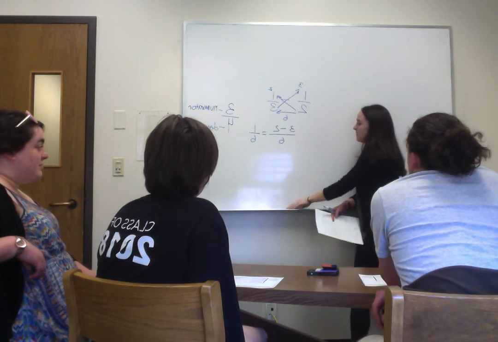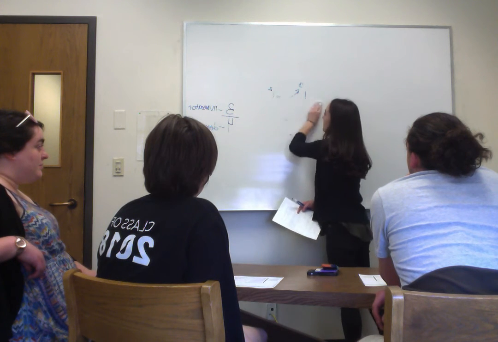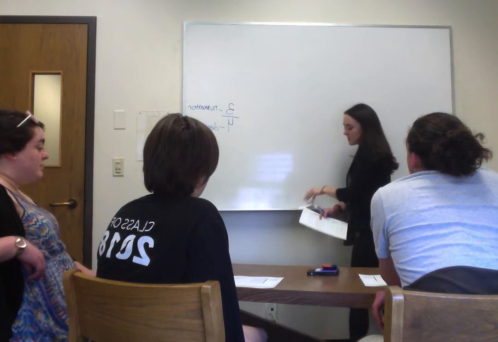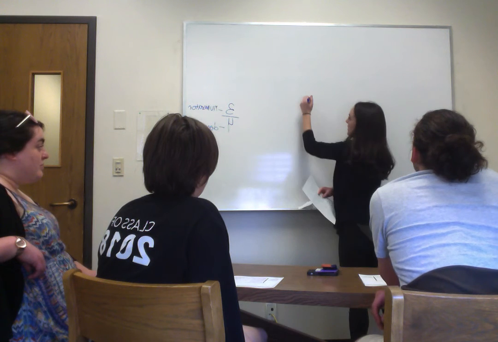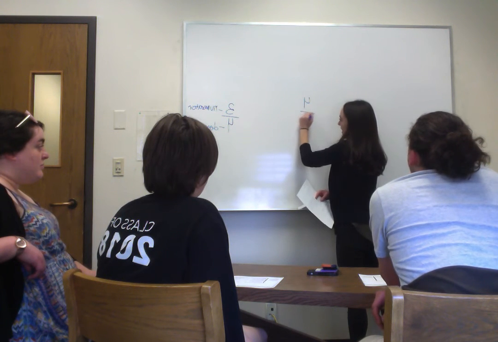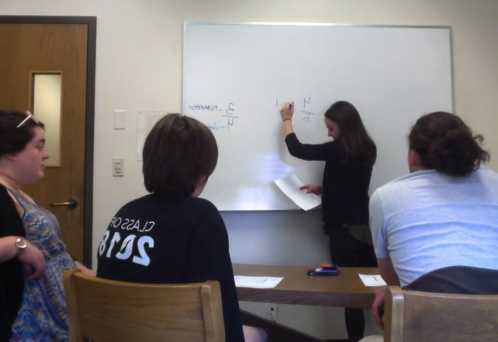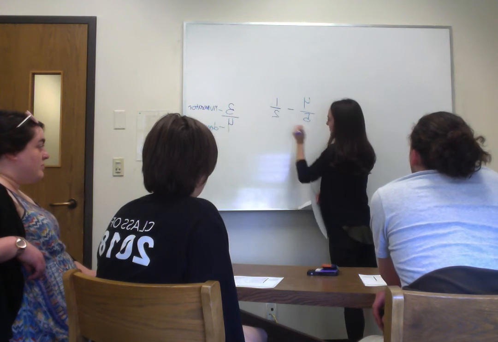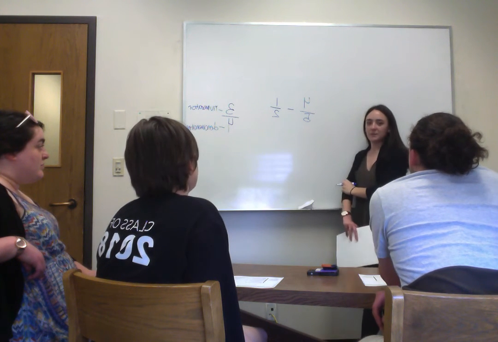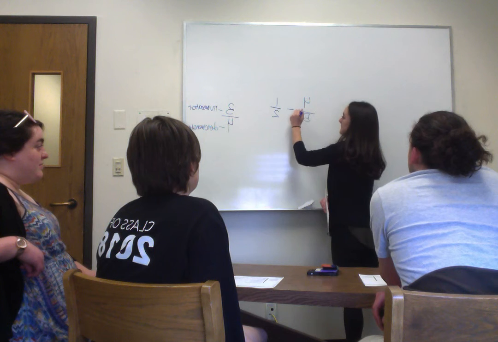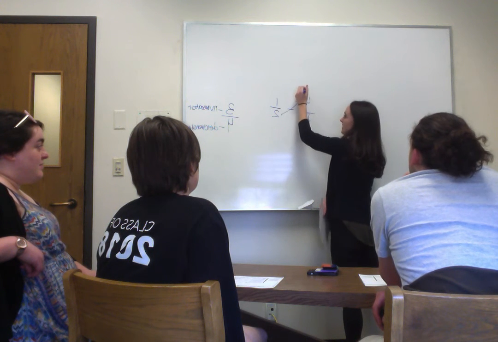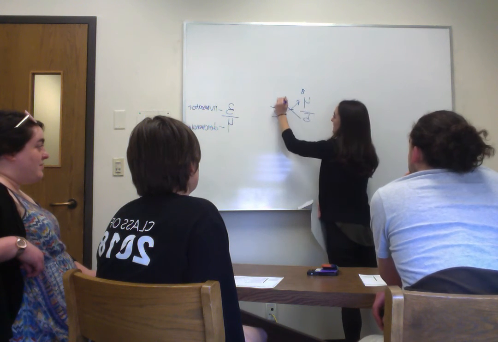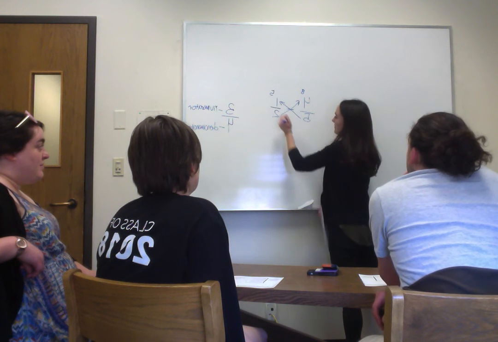We can try it with a bit more of a complicated version just to see that it's actually pretty easy when you get down to it. So 4 over 5 minus 1/2. What would you do to start? Multiply 2 and 4. Which would be 8. 5 by 1, which would be 5.